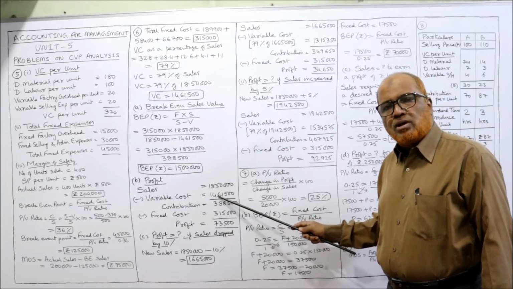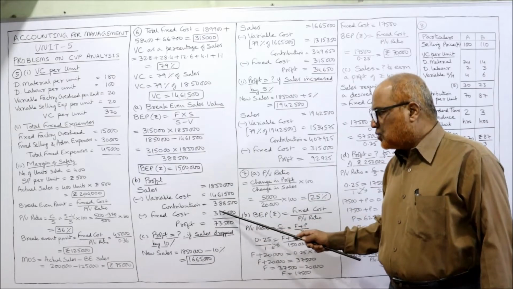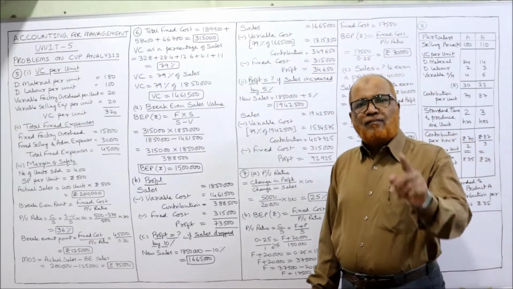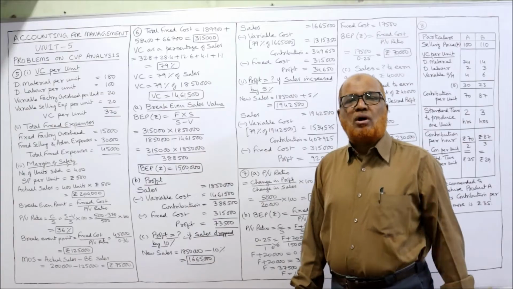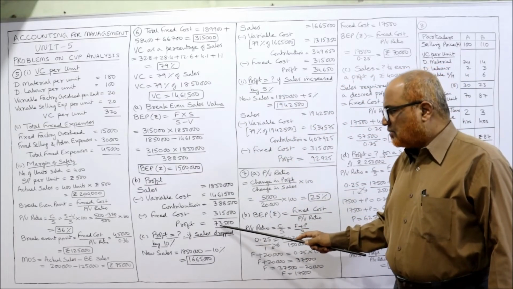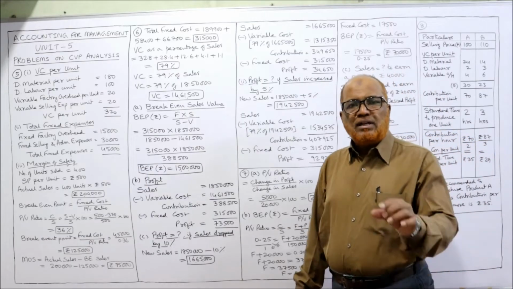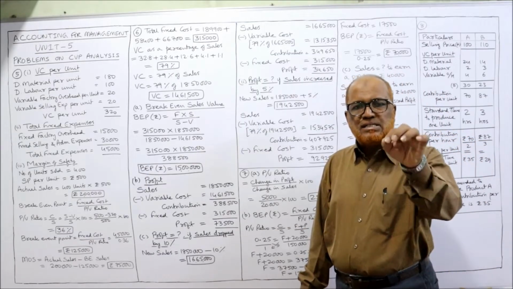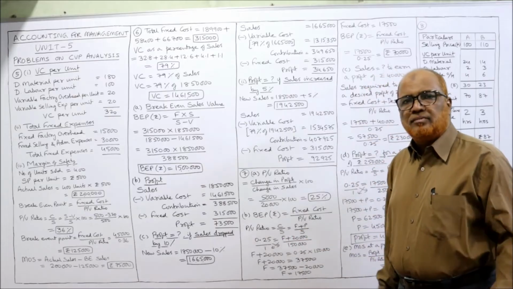Sales minus variable cost, we get the contribution, 3,88,500. From contribution, deduct the fixed cost, 3,15,000. The profit is 73,500. So 73,500 is the profit at the budgeted sales of 18,50,000.